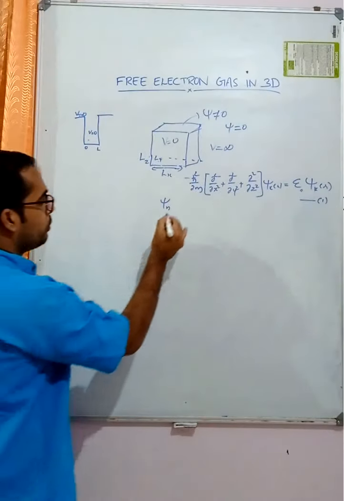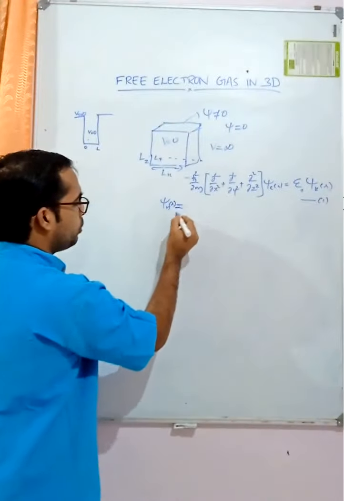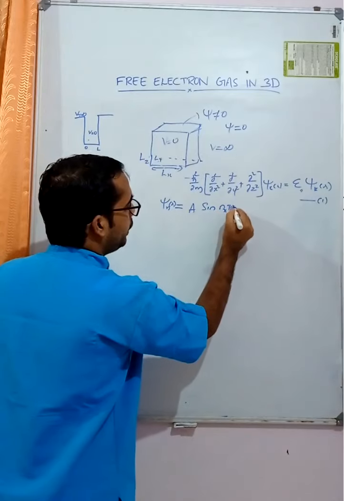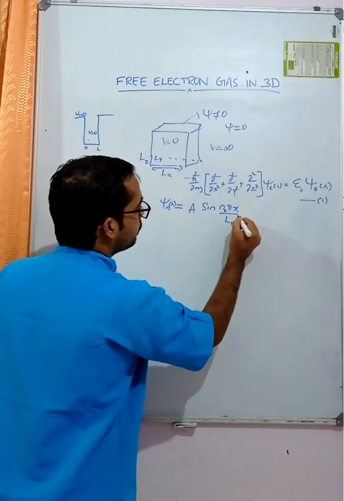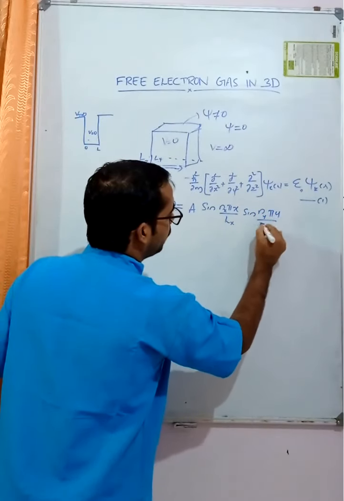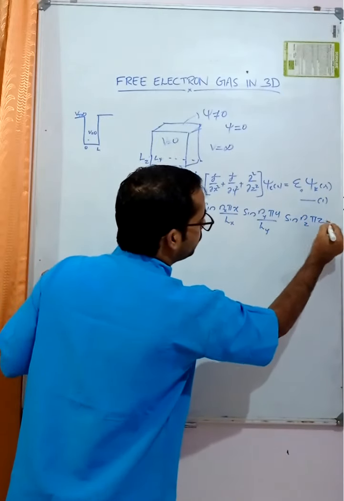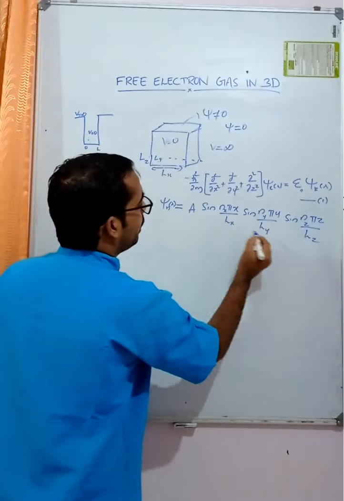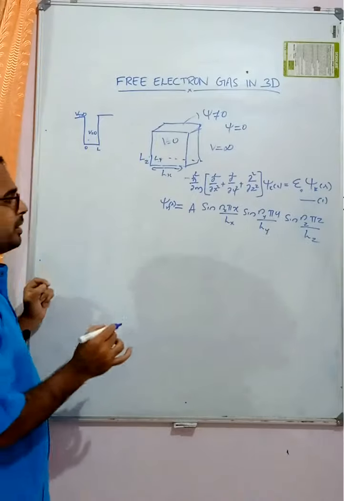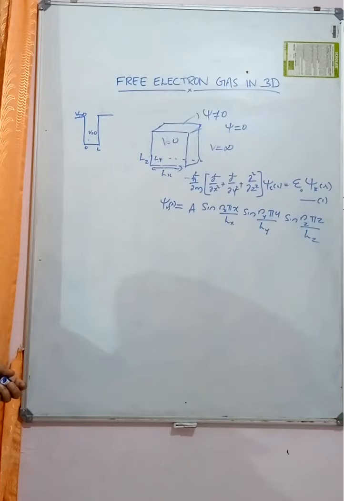So the solution will be of the same format if you consider the box in real space: A sin(nx pi x by Lx) sin(ny pi y by Ly) sin(nz pi z by Lz). These are the dimensions along the three directions, and nx, ny, nz are integers.